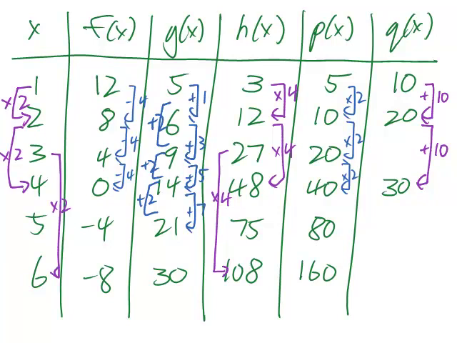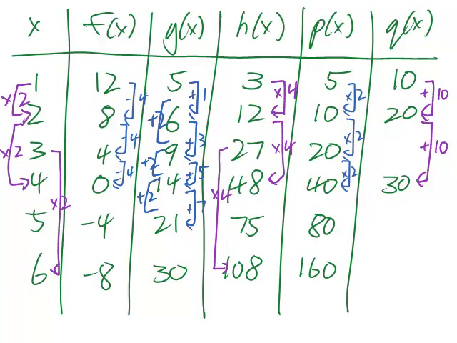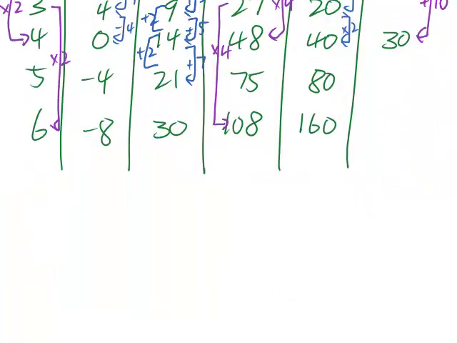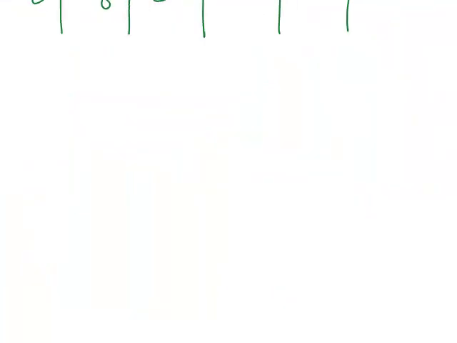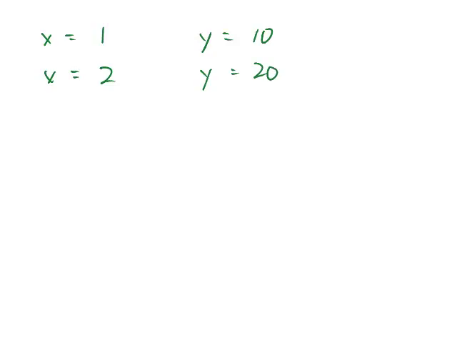Okay, so before we go on to the last thing, let's figure out what the other numbers in q of x are. I didn't put in those numbers because they don't really fit in that table. We know that when x is equal to 1, y is equal to 10, and when x is equal to 2, y is equal to 20.